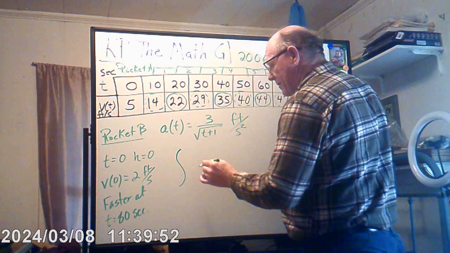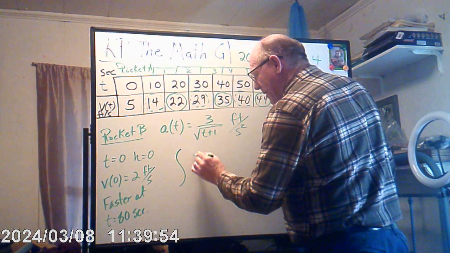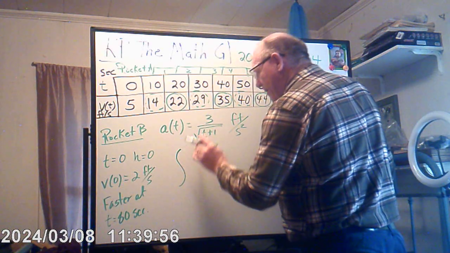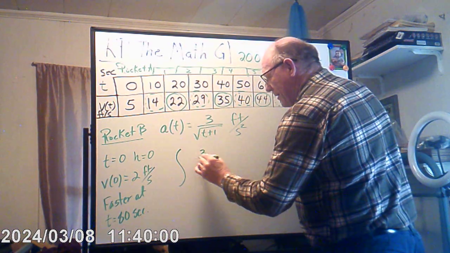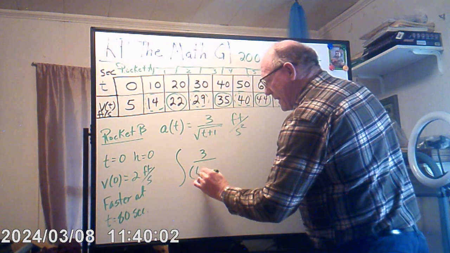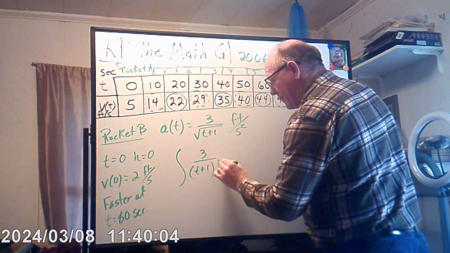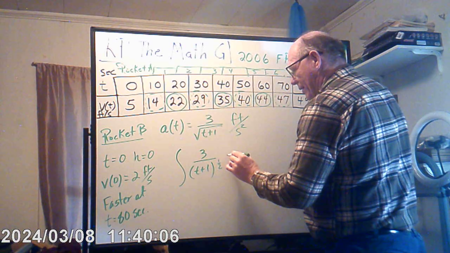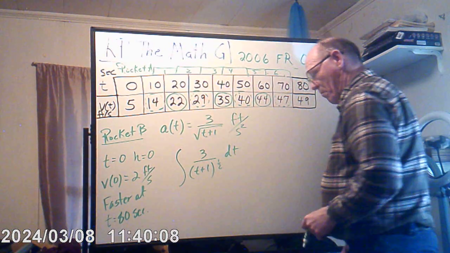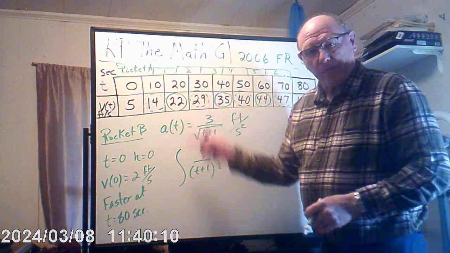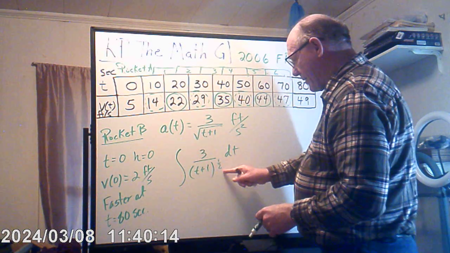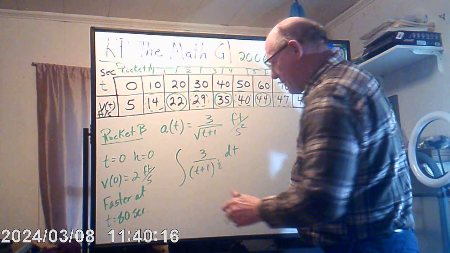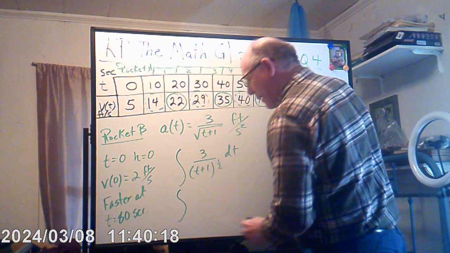Okay, so in other words, we have 3, and I want to say this is actually 3 over (T plus 1) to the 1/2 dt. Alright, I want to bring this up here. I don't like this, well, it's just difficult to do. I'm going to do this by hand.